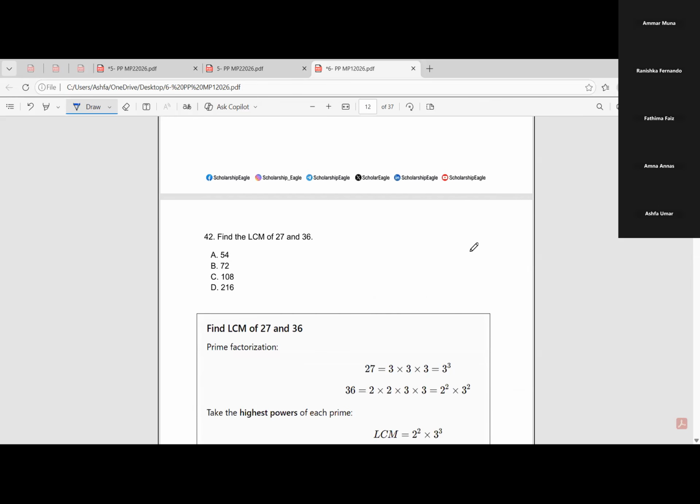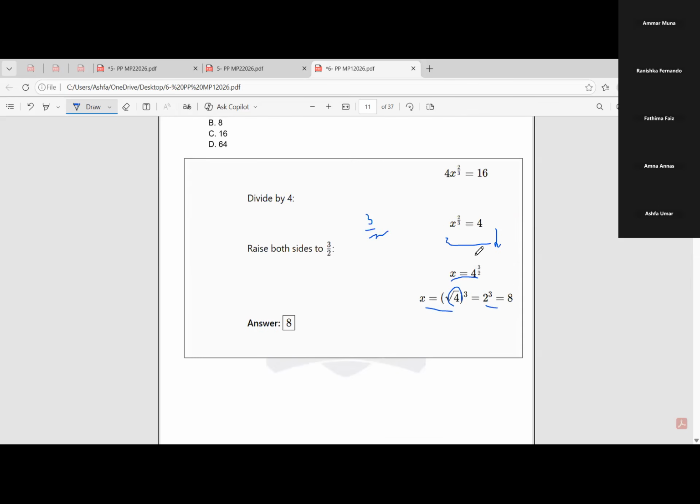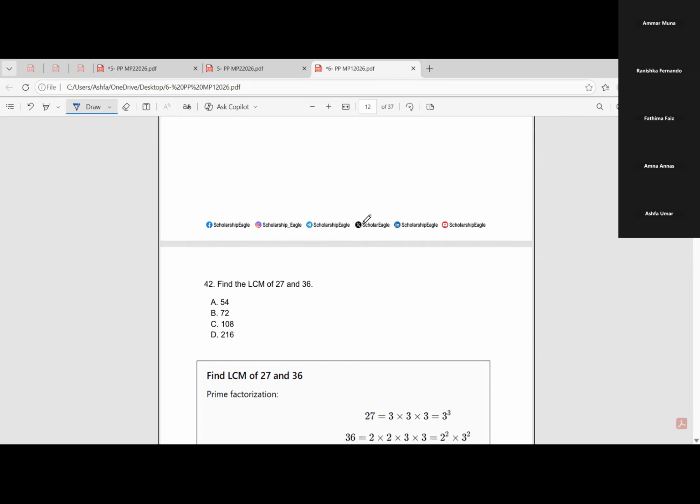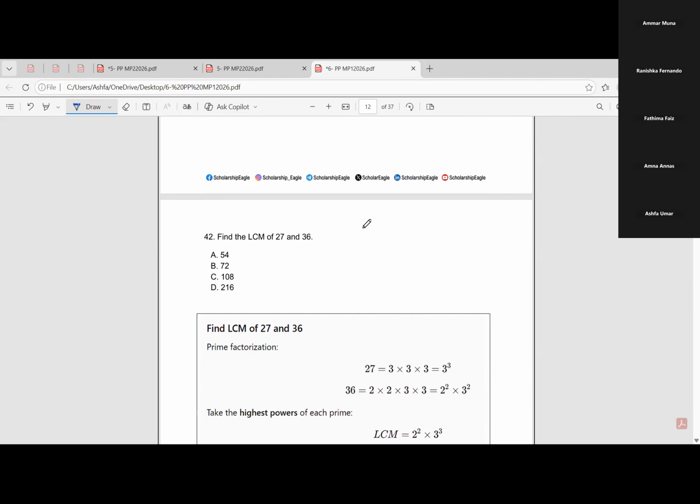Whenever you want to remove a fractional exponent, raise both sides to the reciprocal of that exponent. So don't panic in such situations. The next question is finding the LCM.